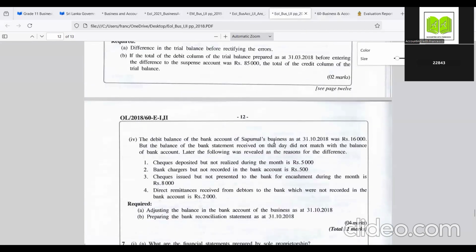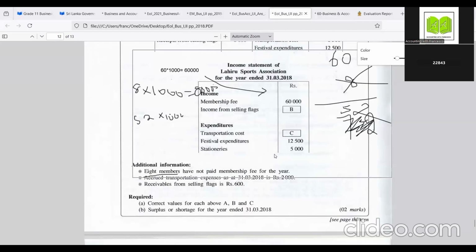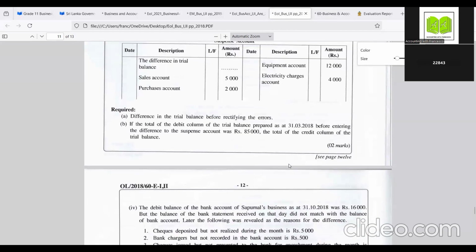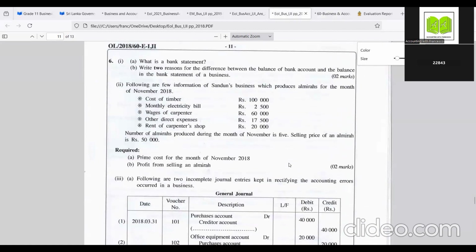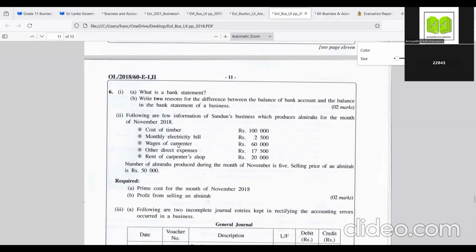Okay, we'll see the production cost sum for this. I don't know whether there is a production cost sum. If it's not there, I'll move to the bank statement. It's there: 2018 question number 6. They asked to find the prime cost for the month.